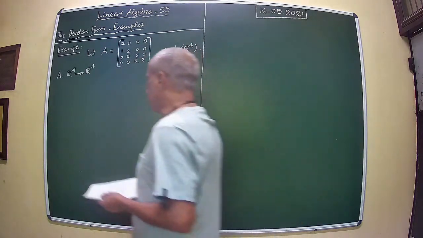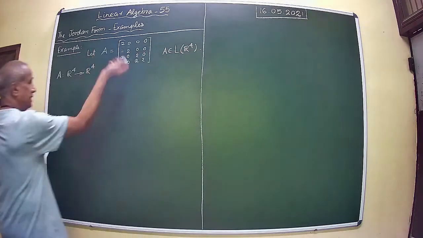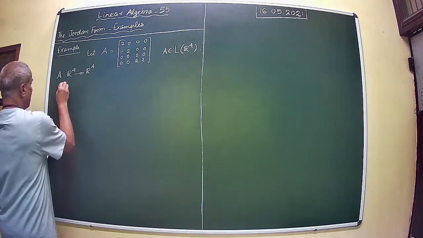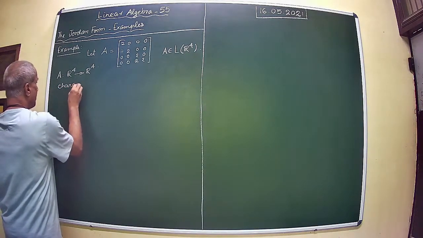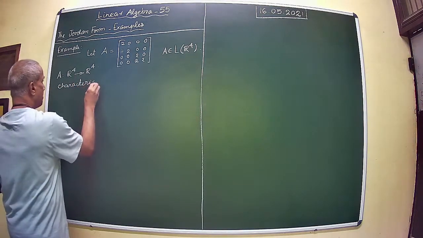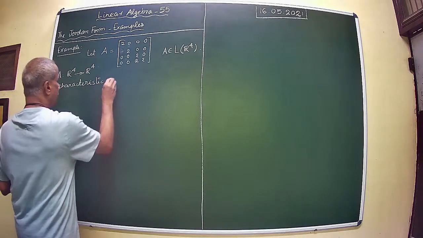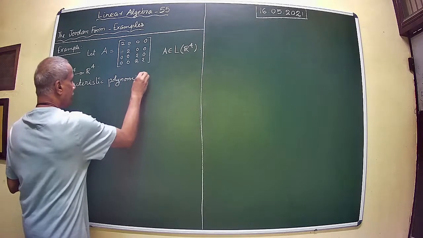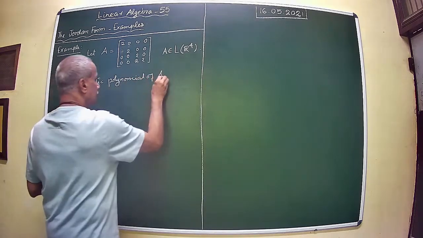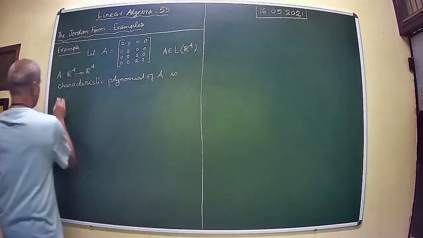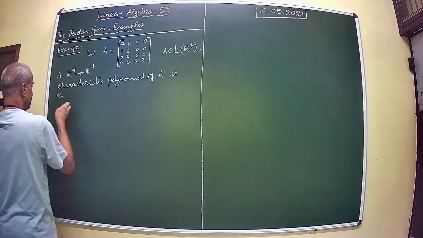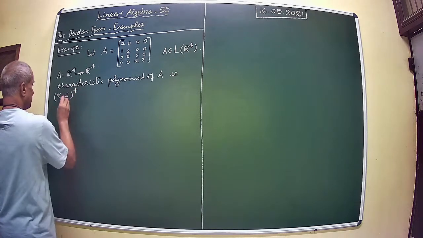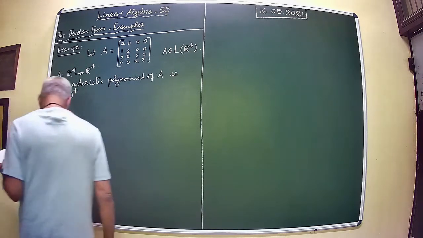Now we can easily check. It's very simple to work out the characteristic polynomial of A is lambda minus 2 to the power 4.